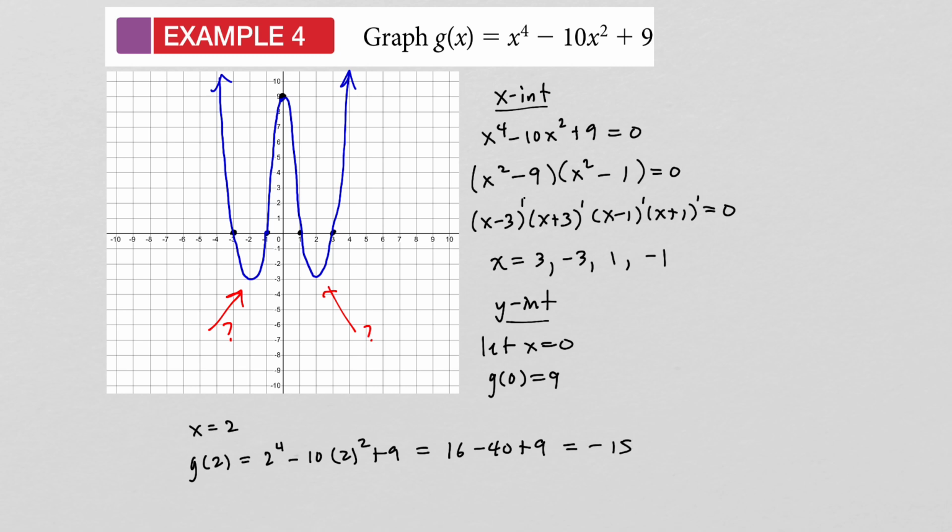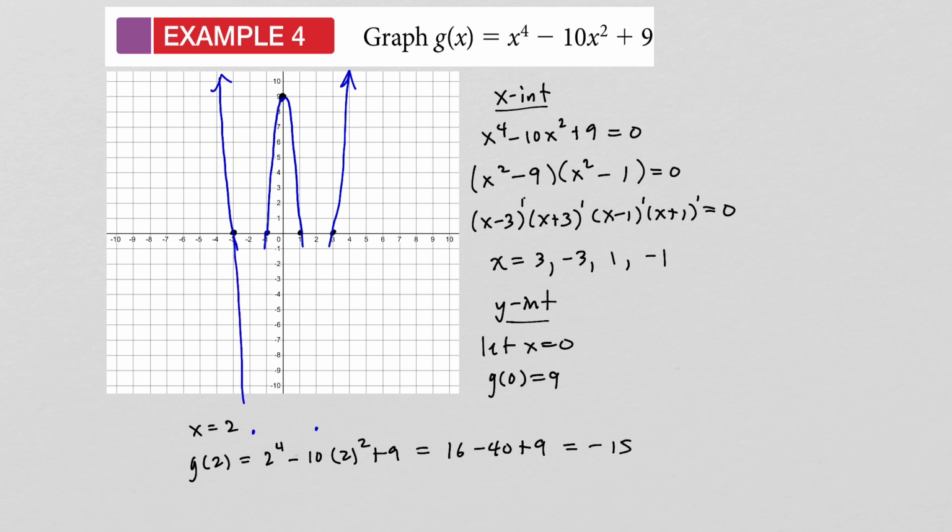This is actually negative 15. Okay, so my graph is way off, right? It's actually way off. But again, for the main behavior of the graph, it doesn't really matter. We're just trying to capture the essence of what this polynomial function looks like. But at positive 2, it's way down here at negative 15. And at negative 2, it's also going to be way down here at negative 15.